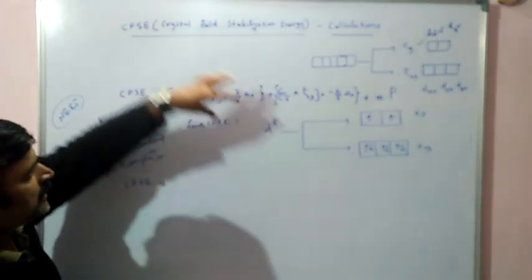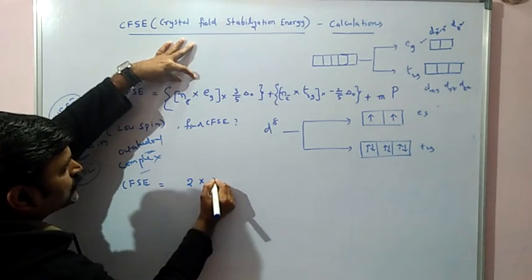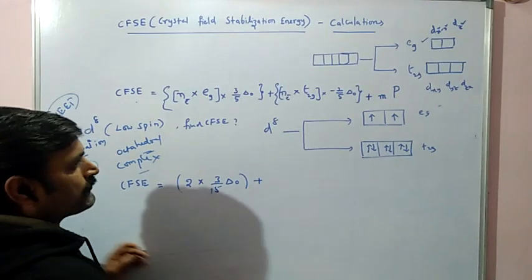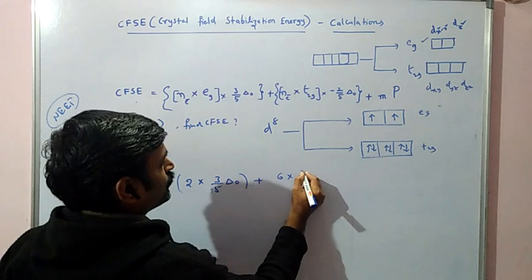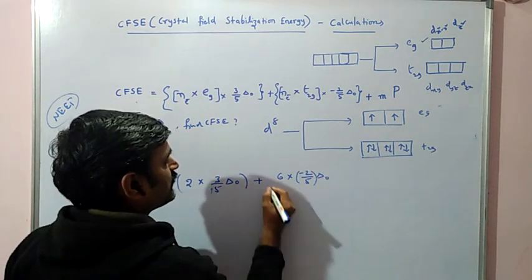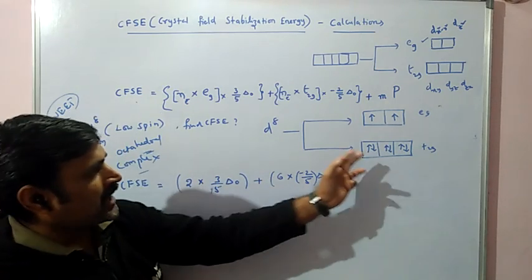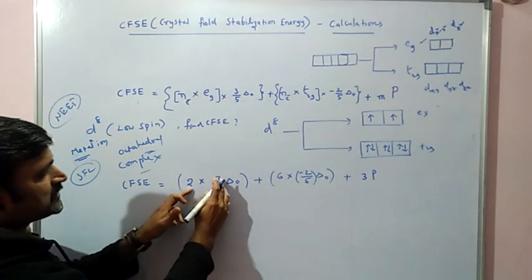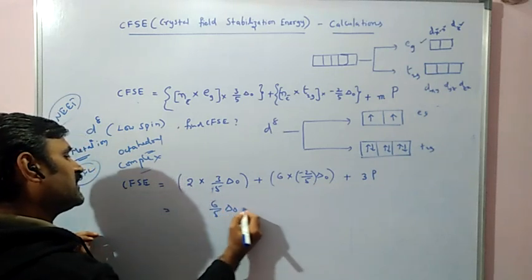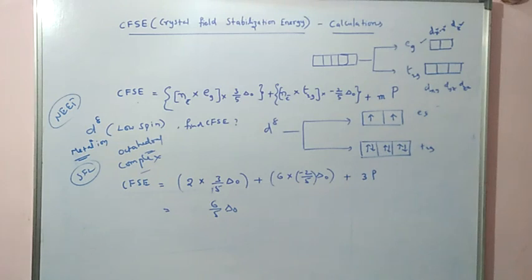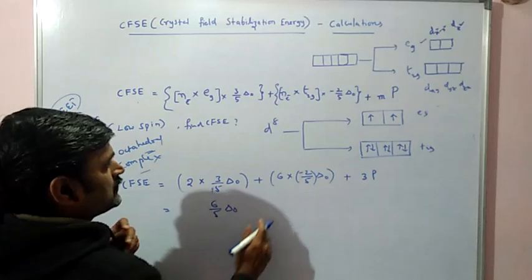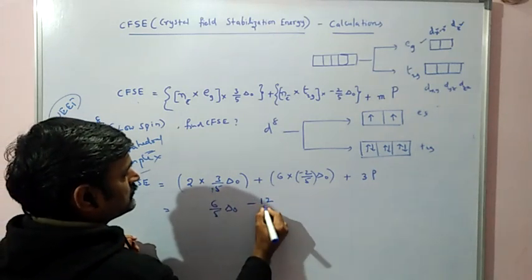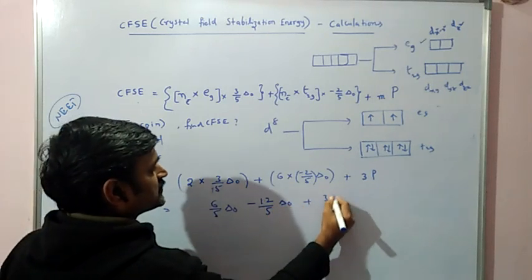The number of electrons in EG, there are 2 electrons. 2 into 3 by 5 delta naught, plus the number of electrons in T2G, 6 electrons, into minus 2 by 5 delta naught, plus the number of electron pairs, 3 pairs are there, so the M value is 3, so it is 3 into P. Now 2 into 3 is 6, 6 by 5 delta naught, and 6 into 2 is 12, so minus 12 by 5 delta naught plus 3P.